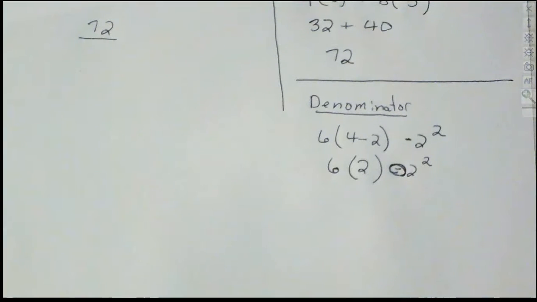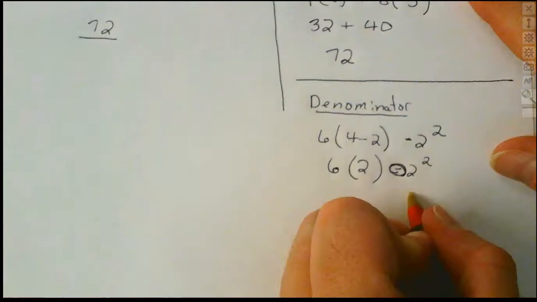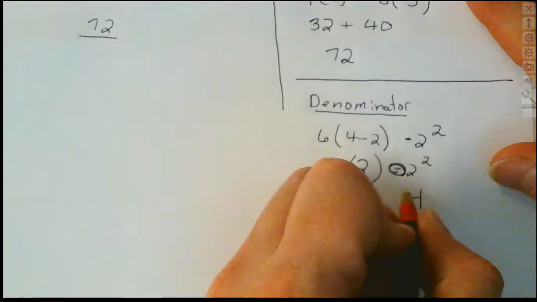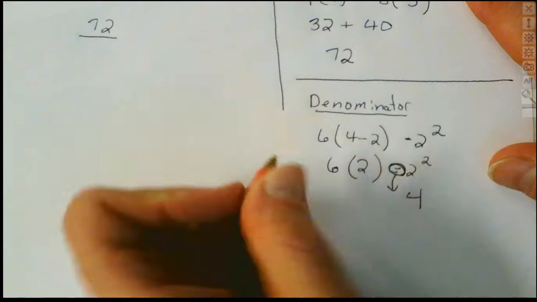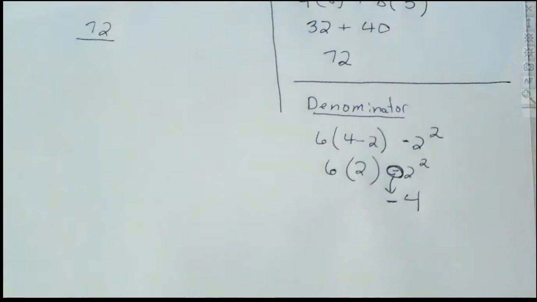So what we do is we take the 2 and we square it. So 2 squared is going to then be what? 2 squared is 4. That negative is going to come down, and so that will be just like that. So it's not a positive 4 because you're not squaring a negative number. We're just bringing down that negative sign.